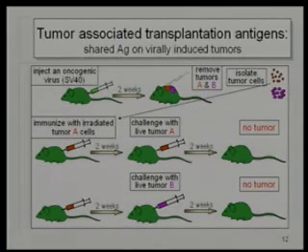It's the virus that determines it, and it's a common antigen. Okay, the bottom line, just to summarize it: if more than one type of tumor is induced by a virus, all tumors induced by that virus will share the same tumor-associated antigens. Cross-protection.